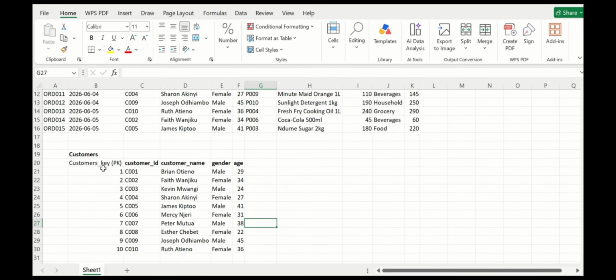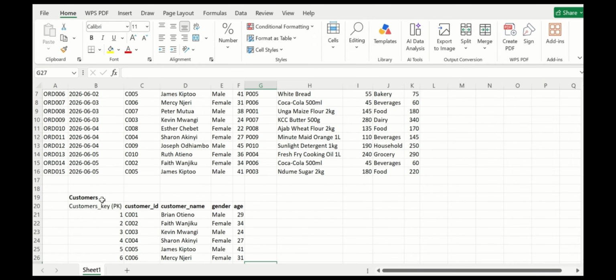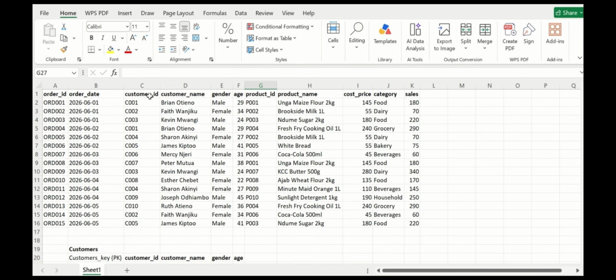So now we will have to go to this table to replace this customer ID with this customer key. So let's just call this one customer key.